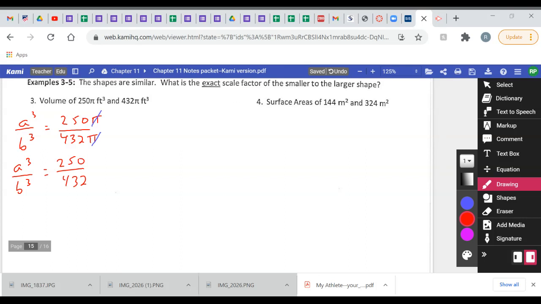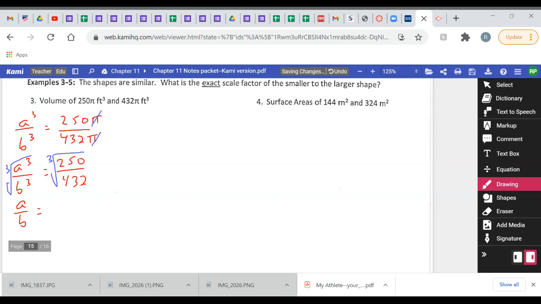If you think about it, you can technically take the cube root of each side. Remember, you can do anything you want to an equation as long as you do the same thing to both sides. So the cube root of A cubed over B cubed gives you A over B, which is the scale factor.